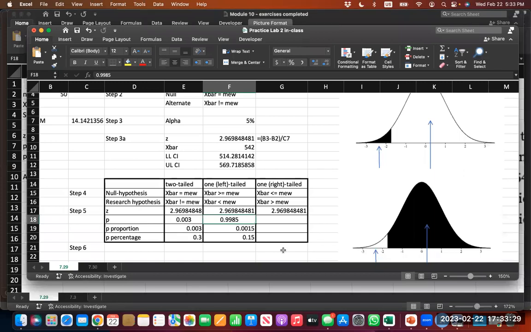And since the z-score is so extremely large, there's actually very little probability of this being significantly different, or not being significantly different in that direction. Right. Because we know that X bar is actually substantially larger than our mean.